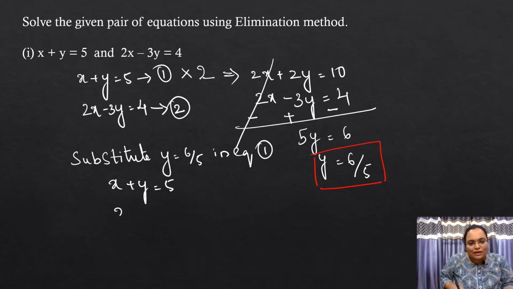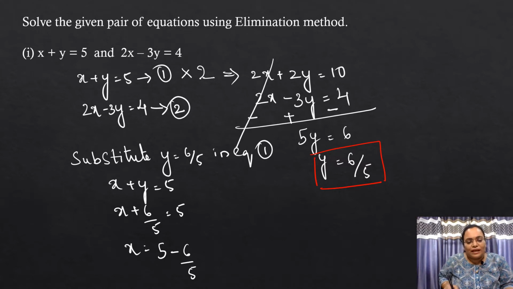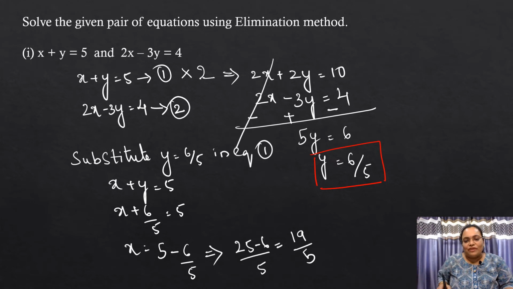What is the y value? x plus 6 by 5 is equal to 5. x is equal to, sending 6 by 5 to the right-hand side, 5 minus 6 by 5. If you take the LCM, this will be 25 minus 6 by 5, which is 19 by 5. So what is the value of x? x is equal to 19 by 5.